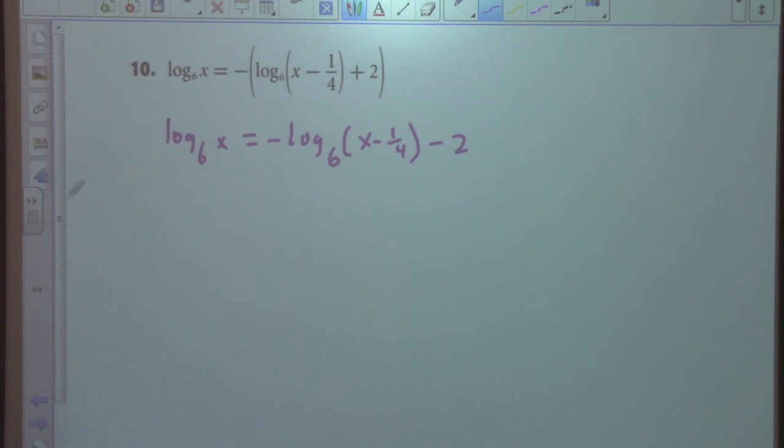So what you'll have is log base 6 of x plus log base 6 of x minus 1/4, and that's going to be equal to negative 2. What will you do next on this?